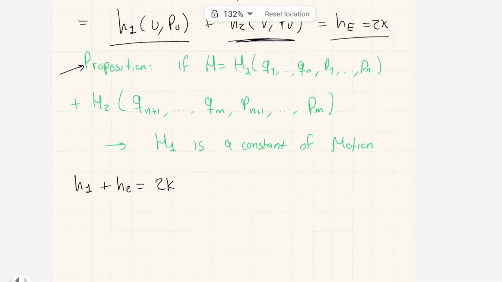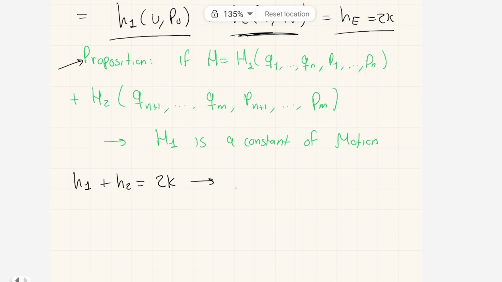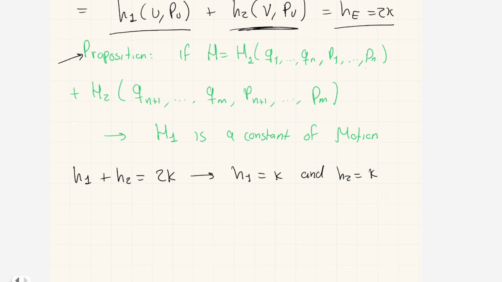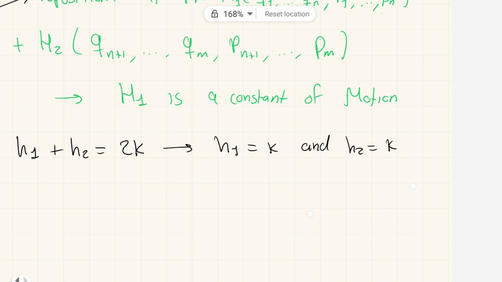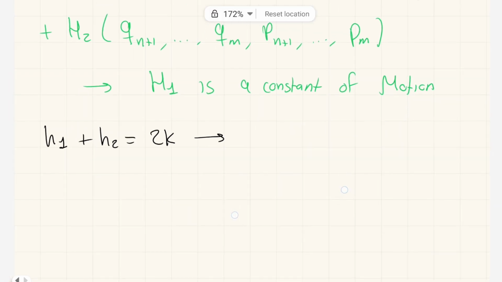Perfect. Something easy to say would be that h1 is equal to k, and h2 is equal to k, but that would be a mistake. We do not know if this 2k is divided in 2 halves, one for each of h1 and h2, so we can expect that there is some difference between h1 and h2.